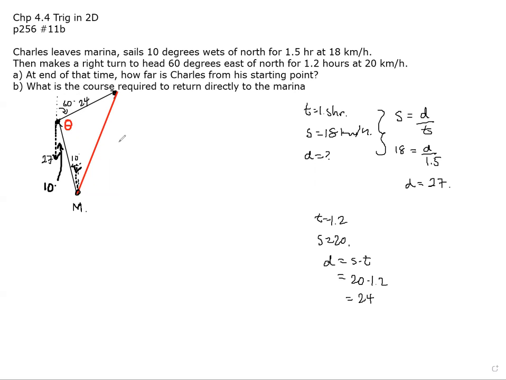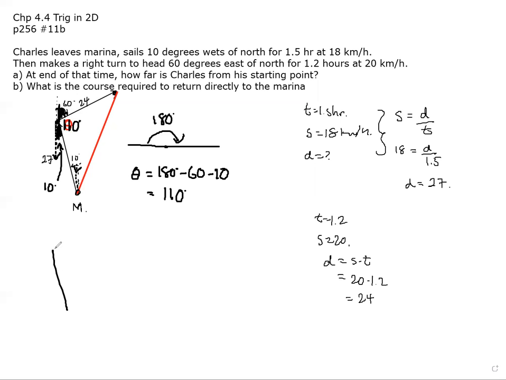And by now, at this grade, you should know that a straight line adds up to 180 degrees. So theta is going to be 180 degrees, take away the 60 and the 10 from the angles here, which gives us 110 degrees. Theta is 110 degrees.